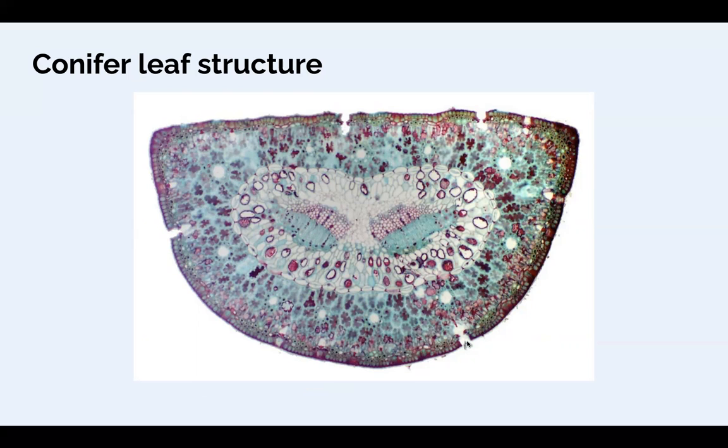Stomata, a couple places where the epidermis is open to allow gas exchange, and then these white spaces here are actually called resin ducts. So pine trees, some conifers have rather sticky sap, and that's one of their defenses against herbivores, to be able to transport that, or at least have it stocked in these resin canals. So if somebody chewed on your needle, you can get a mouthful of pine sap.